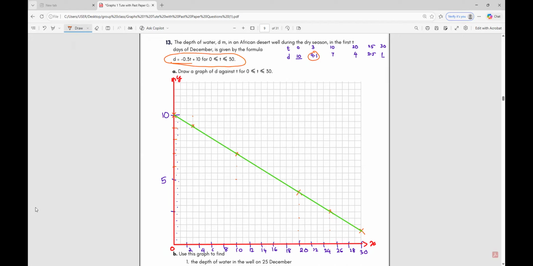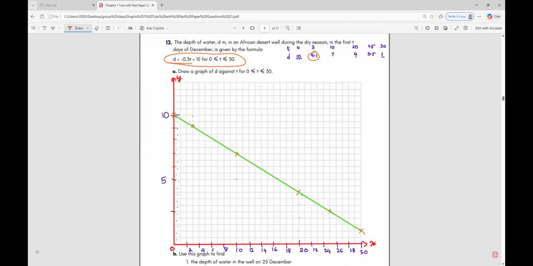Then there are some questions. Using the graph, find the depth of the water in the well on 25th December.